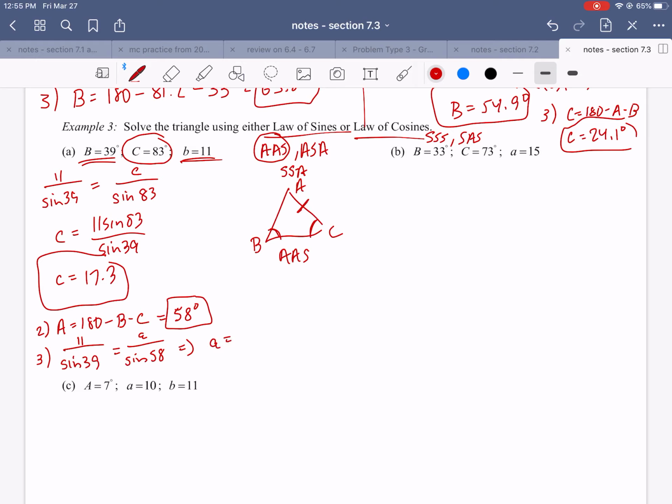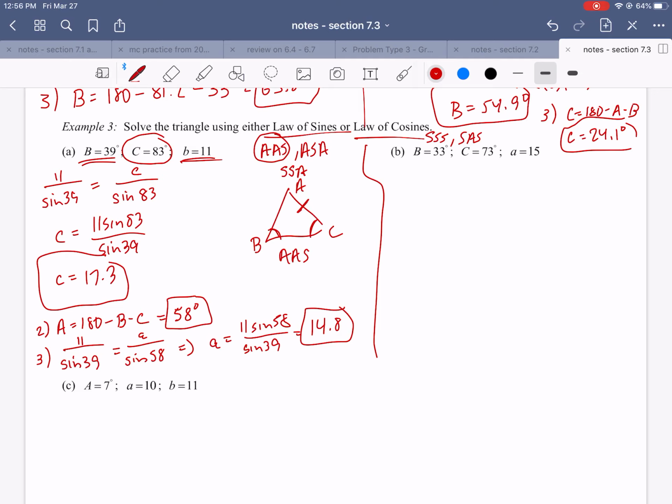And cross multiplying and dividing should give you 11 sine of 58 divided by the sine of 39, which will give you an answer of 14.8. As long as I'm looking at my notes correctly, and I believe I am. Yeah, 14.8 will be side little a there on example A.